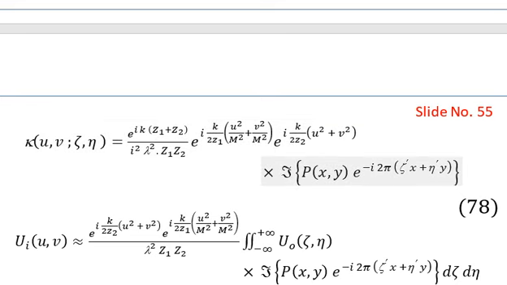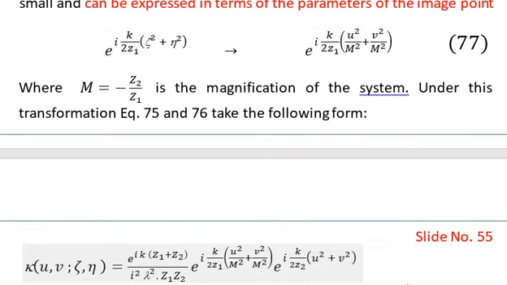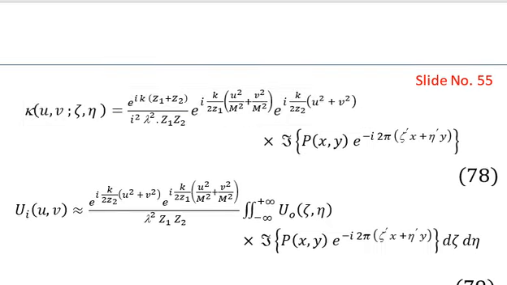In this you would see that the quadratic phase factor associated with the object, e to the power iota k over 2 z1, within the parenthesis zeta square plus eta square, is not present, but we have replaced that with e to the power iota k over 2 z1, within the parenthesis u square over m square plus v square over m square.